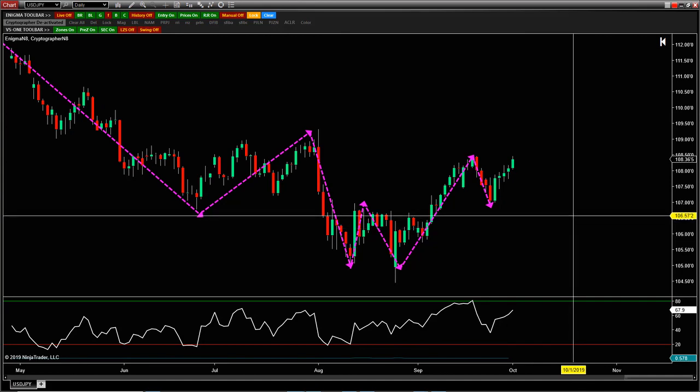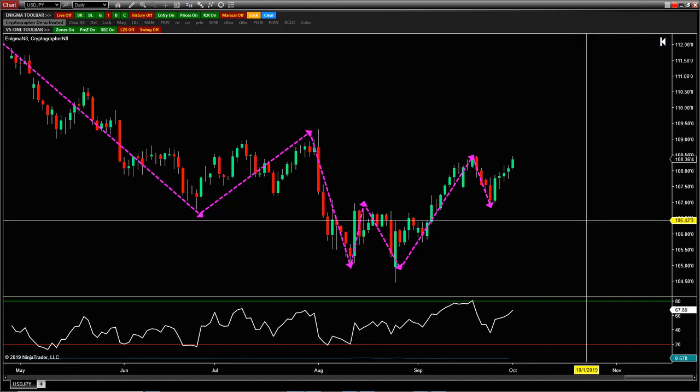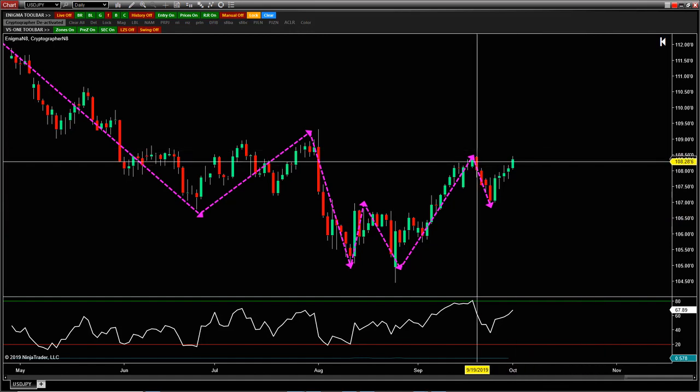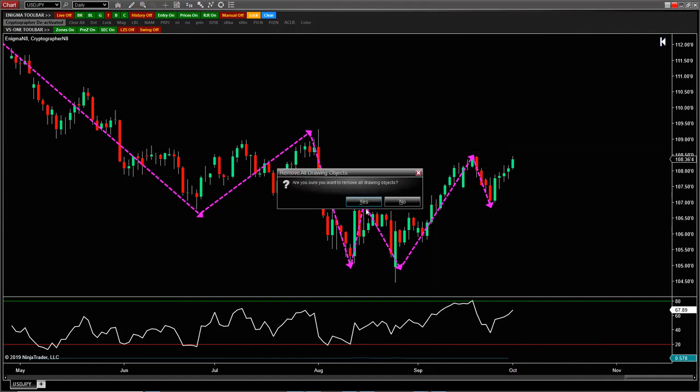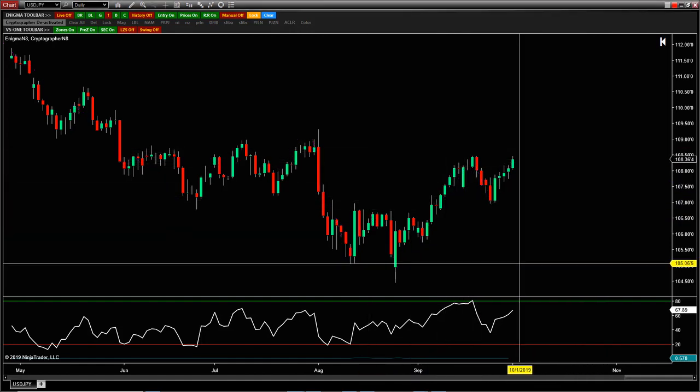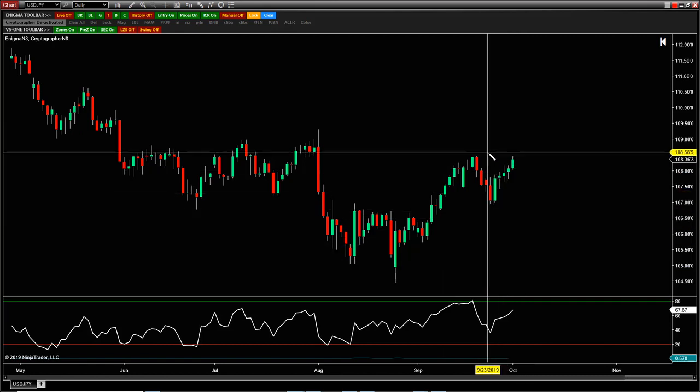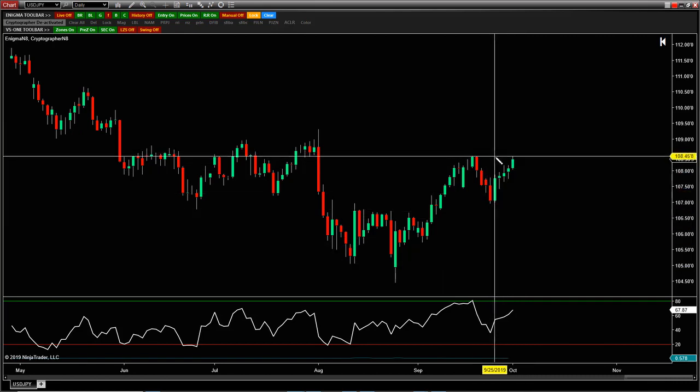Right? If we start off by drawing our 2 horizontal lines of support and resistance, I'll just delete the head and shoulders deal here. Your first horizontal line of resistance is going to be right here, right? Now, why is this our first horizontal line of resistance? Don't overthink the answer.